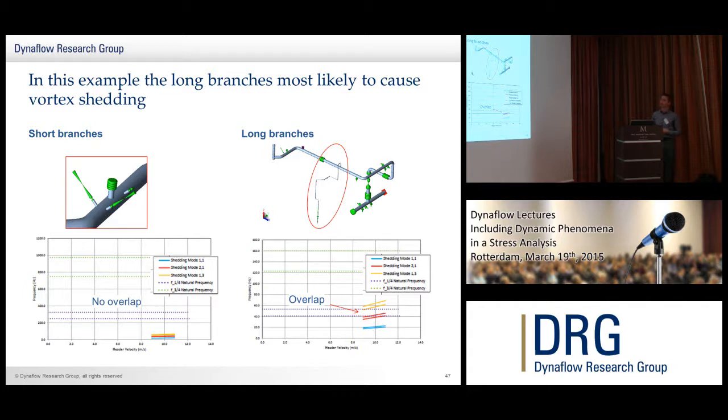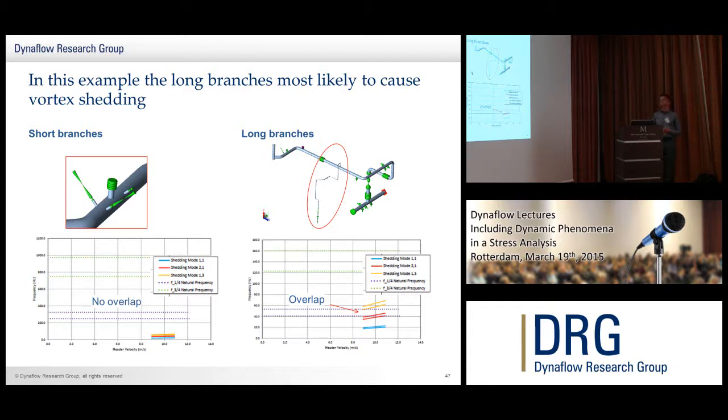Whereas for the long branch, the natural frequency is much lower, and we see there is an overlap between the second and third modes. So for the short branches, there's going to be no vortex shedding, no problem. For the longer branches, there is a possibility of vortex shedding.